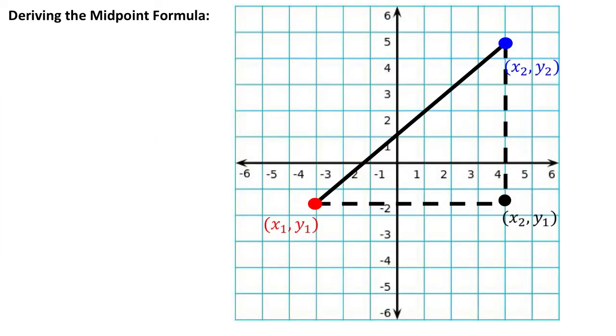Now let's talk about where this formula comes from. If I want to find the location of the midpoint, so if I'm assuming that my midpoint is about here, we need to figure out where it is located. Now, in order to do so, we could say that, for example, the midpoint of this horizontal segment is the same as the midpoint of the full segment.